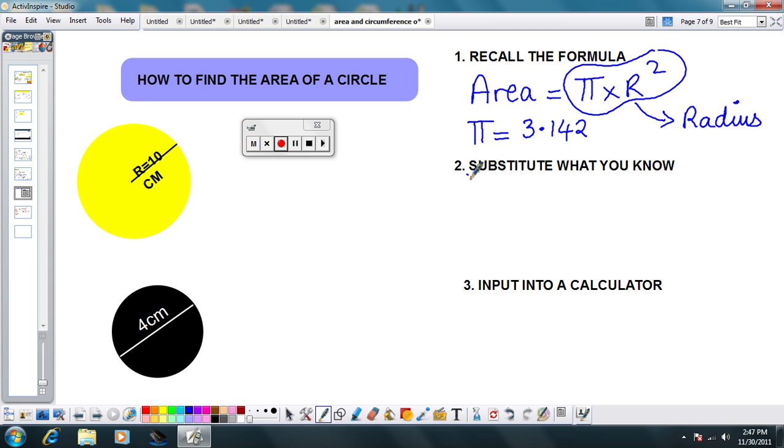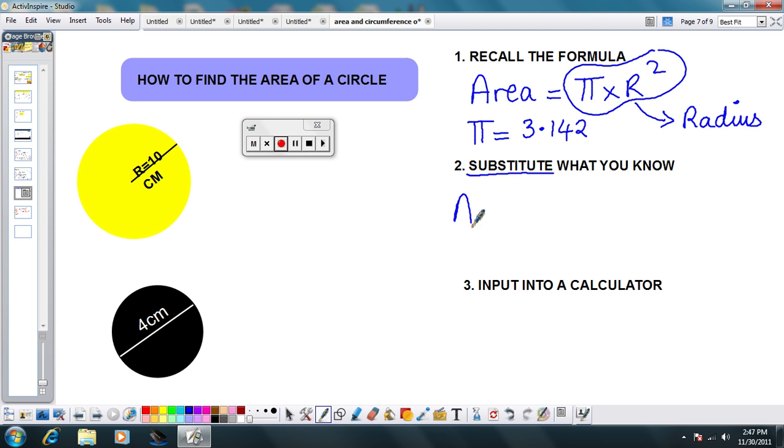Some people might be confused with the keyword substitute. I want you to think about football players. When a football player gets substituted by another football player, we're changing one for the other. So we're going to do exactly the same thing here. We're going to change the radius with the 10.